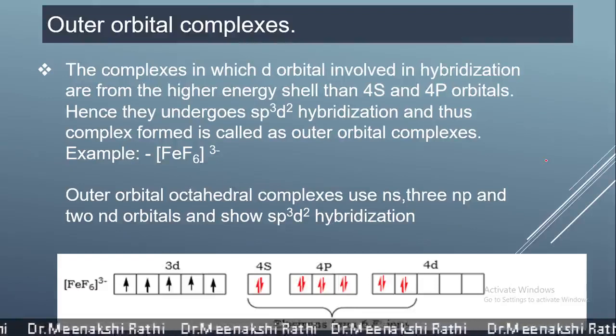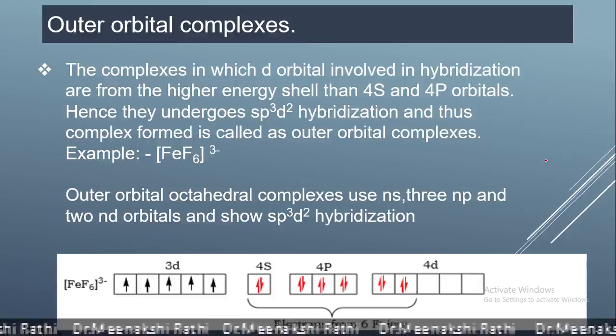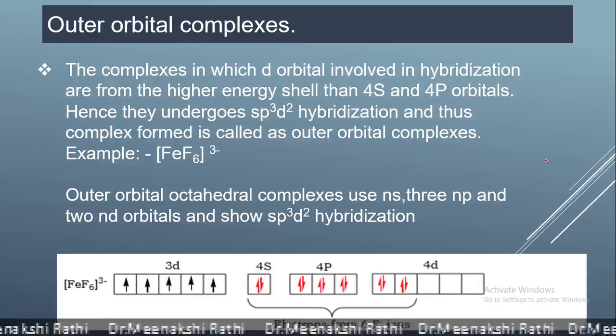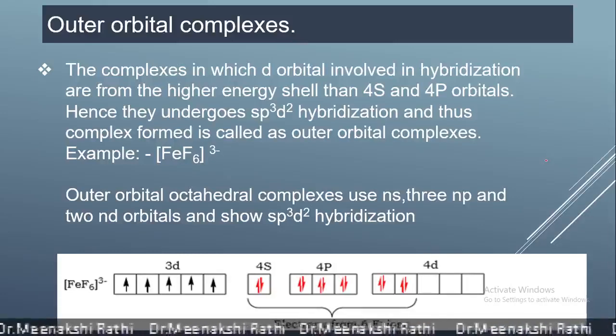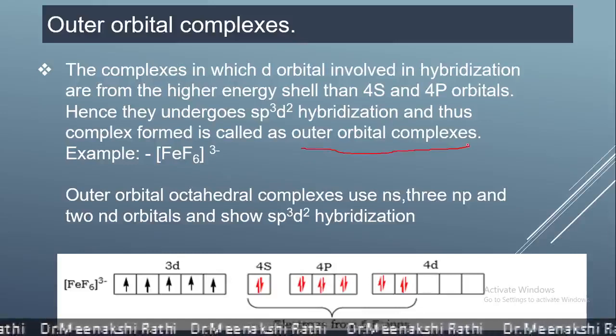The complexes in which the d orbitals involved in hybridization are from a higher or equal energy shell than the 4s and 4p orbitals undergo sp3d2 hybridization, and this complex is called an outer orbital complex.